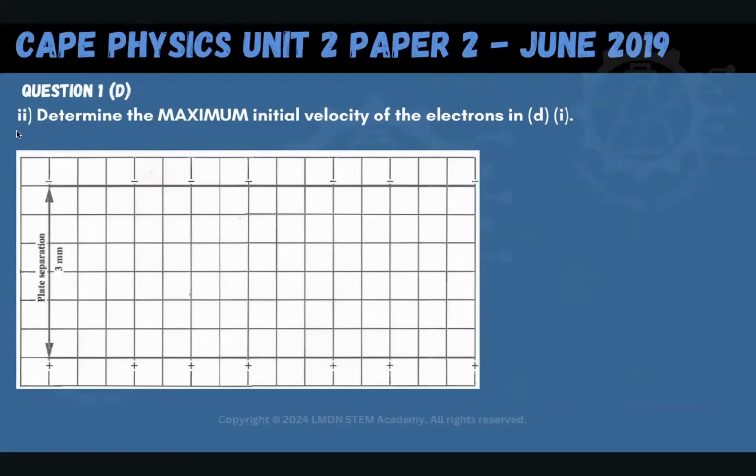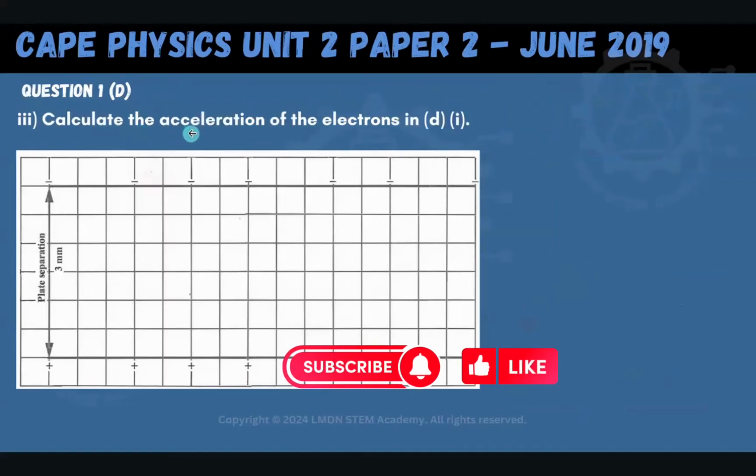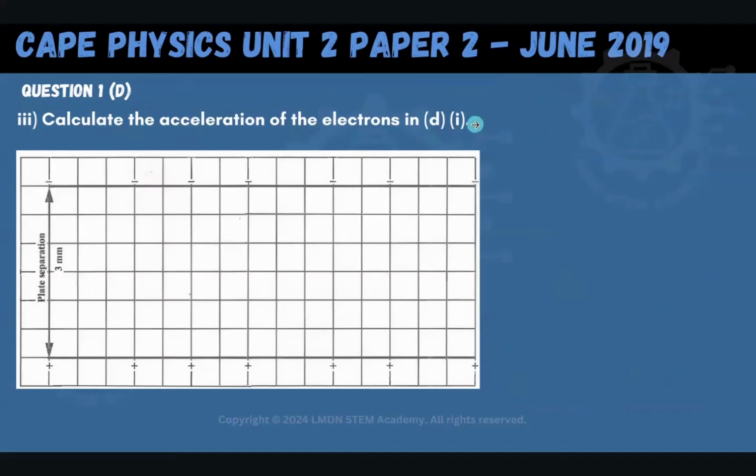All right. So part 3 says, calculate the acceleration of the electrons in D part 1. All right, so we're gradually ramping up. The question is ramping up as we go along. So now we're being asked to find acceleration, right? So we know that fundamentally, based on Newton's laws of motion, we know how force is related to acceleration.